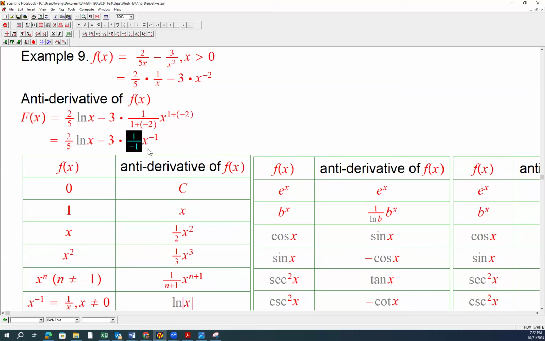Negative 1 times negative 3, sorry, that's a positive 3. So we're almost done. For x raised to the power negative 1, you can write 3 over x, plus the constant. Don't forget the plus constant. Done, finished.